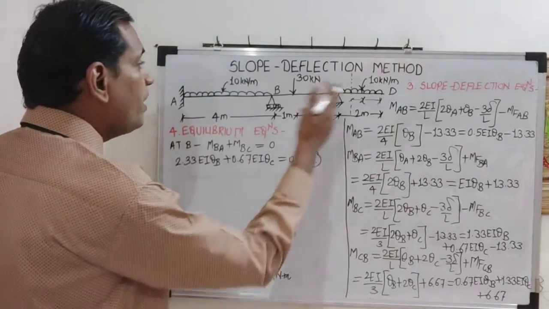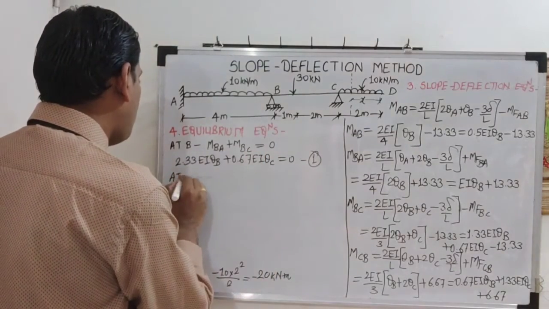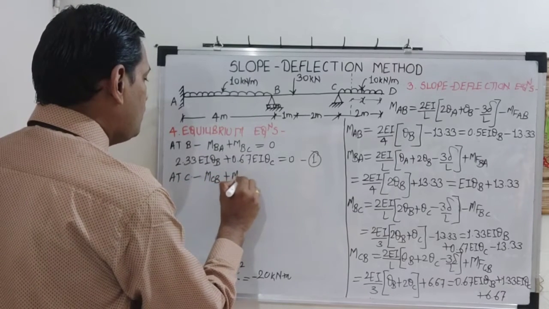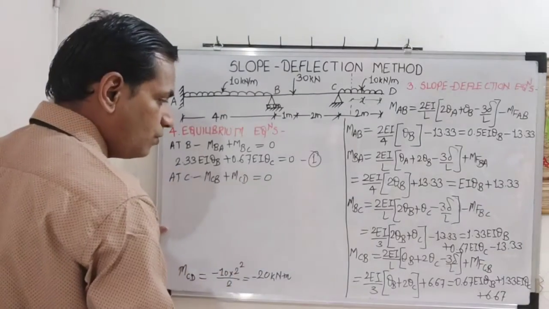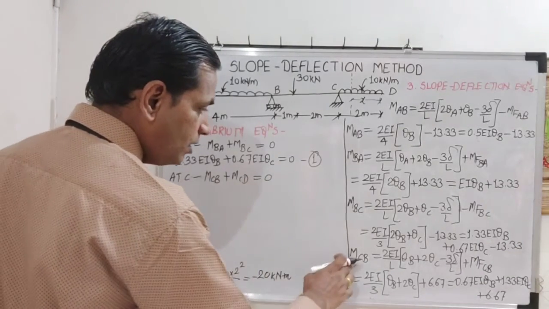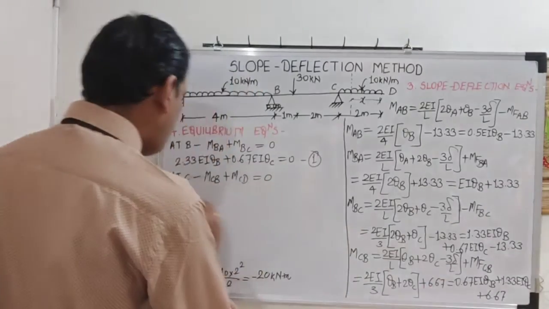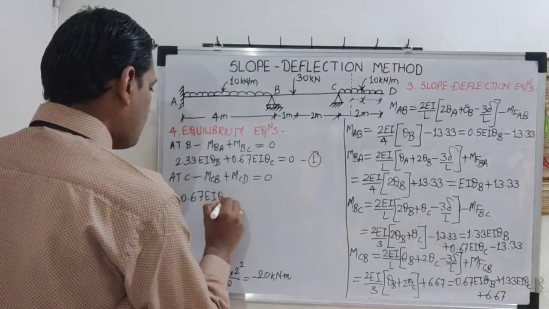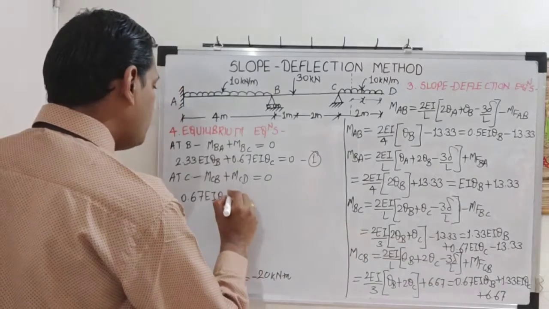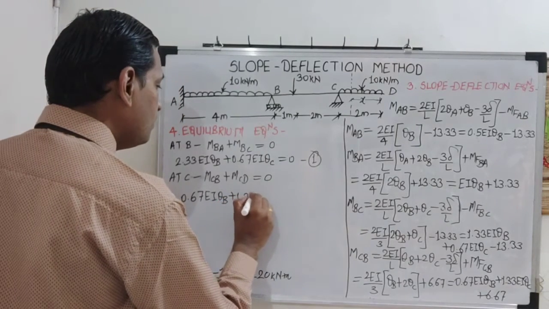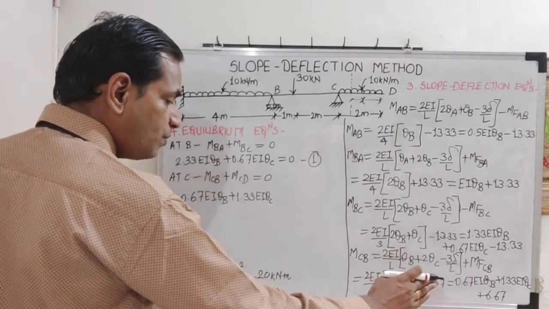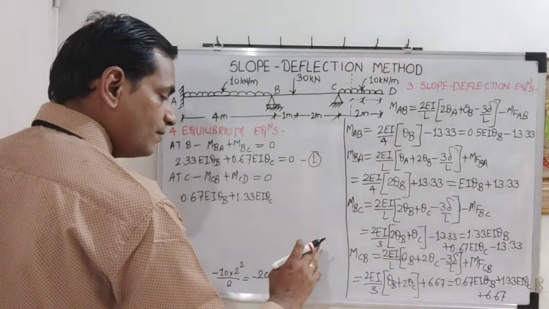Another condition will be at joint C. What will be that? Similar to this, MCB plus MCD is equal to 0. Now what is MCB? Here 0.67 EI theta B. Next term is 1.33 EI theta C, and plus 6.67 minus 20.